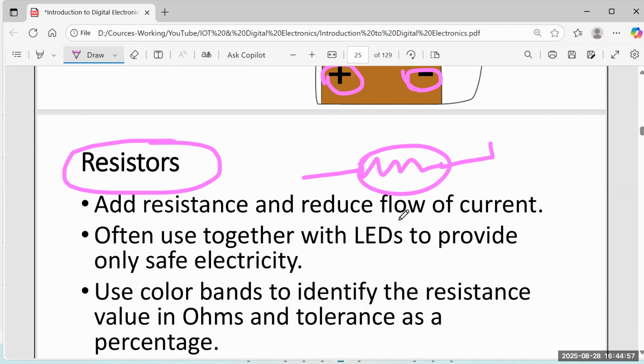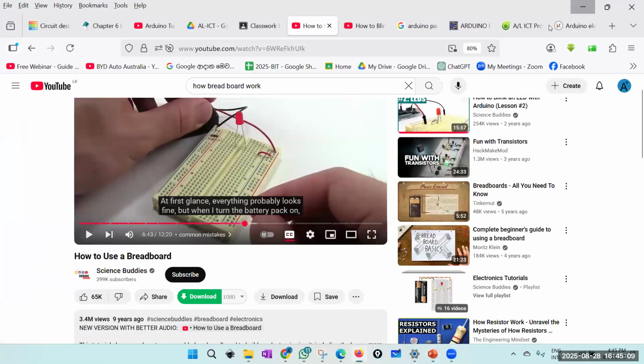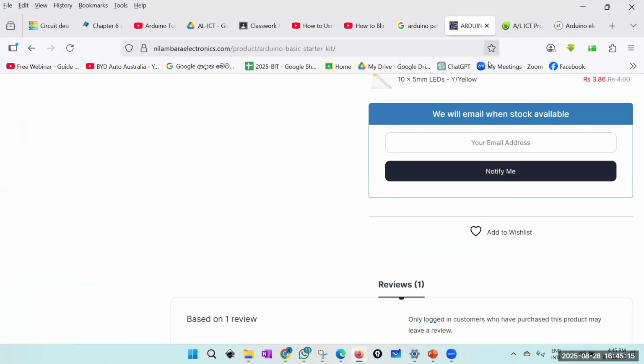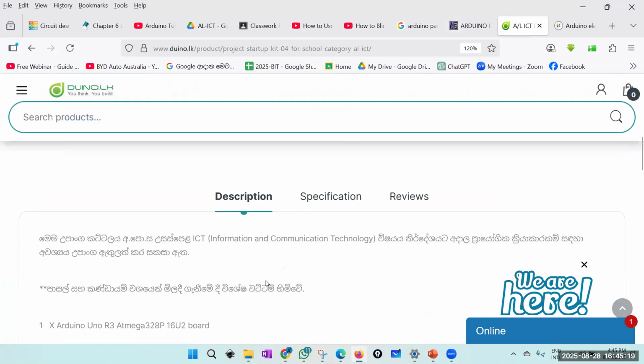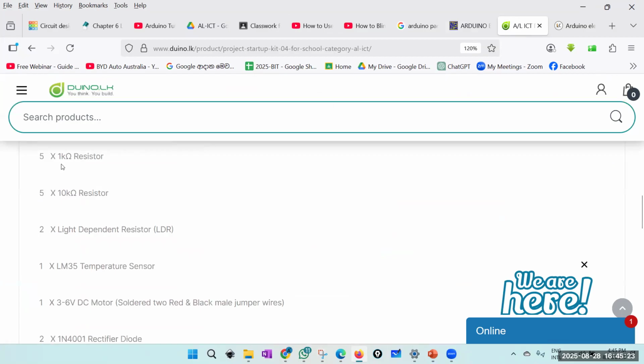So resistors come in different resistance values. That is why your starter pack has about 10 to 20 resistors. Those resistors are of different resistance. Okay. So if you take this particular starter pack, you can see here, 5 1 kilo ohm resistors.